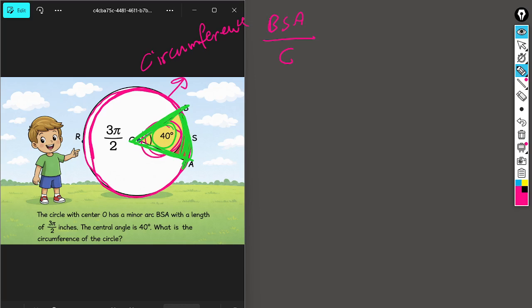Here is the minor length BSA, and this is connected with the circumference as a length, but as a degree, we have the central angle, which is 40 degrees, which is connected with the whole circle, and in this case, the angle will be 360 degrees.